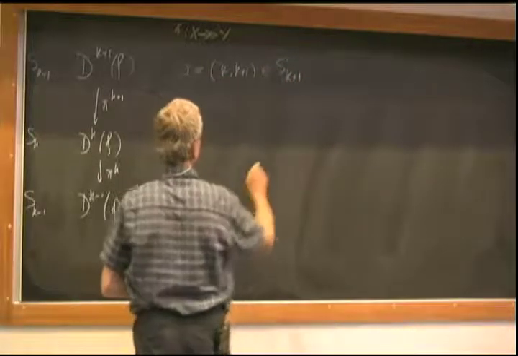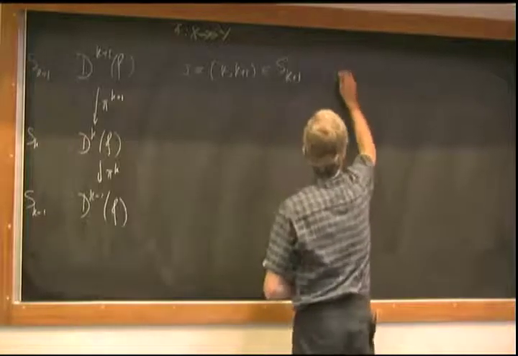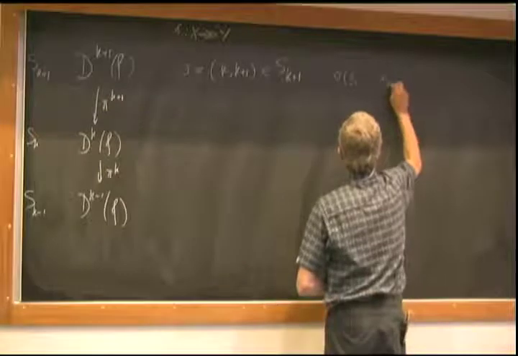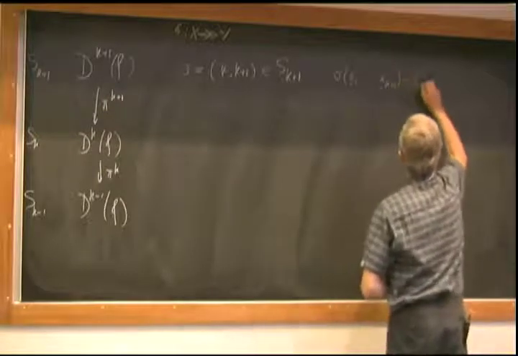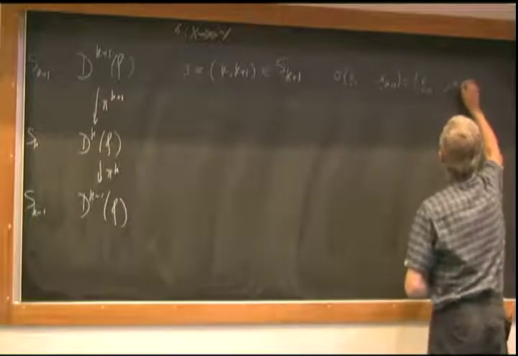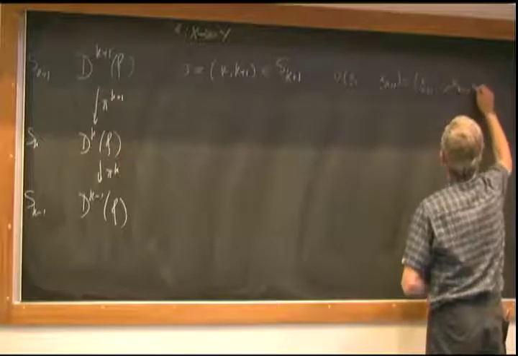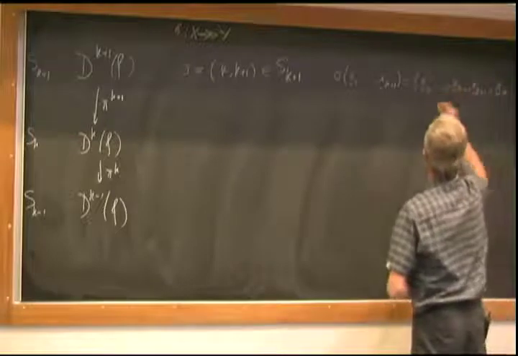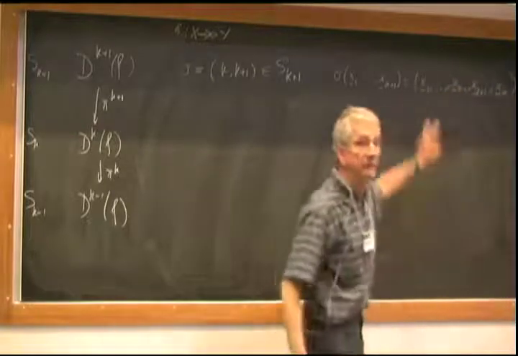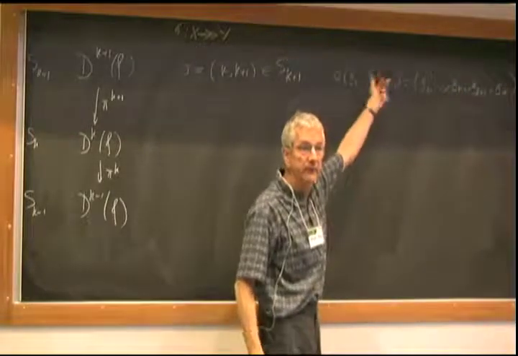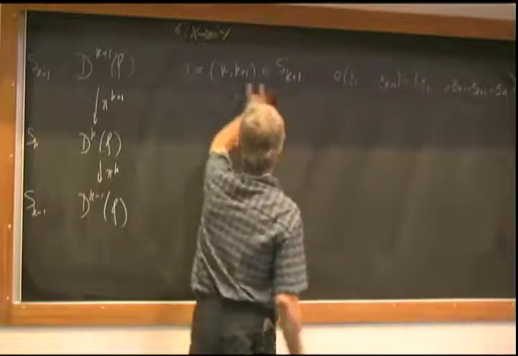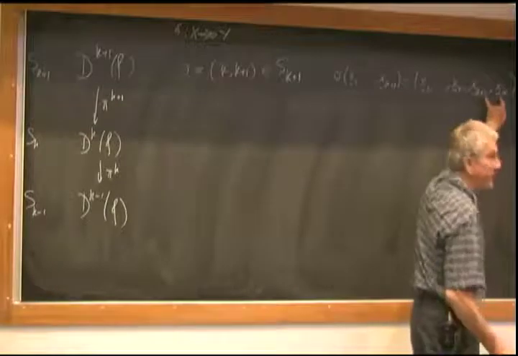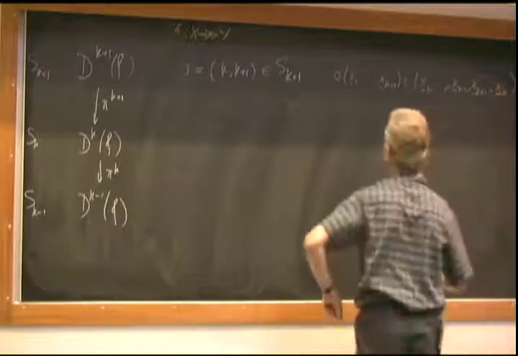Then we have sigma of (x_1, ..., x_{k+1}), that's just (x_1, ..., x_{k-1}, x_{k+1}, x_k). Right? That's how the symmetric group is acting. It's permuting the copies of X, and in this case, this permutation just interchanges the last two.